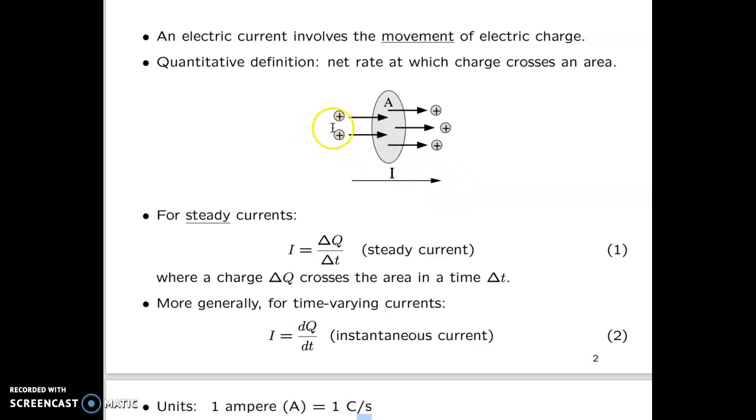If we had negative charge moving to the right, then the convention is that the current actually flows to the left. I know that's kind of a strange thing to deal with, but that is the convention for the direction of a current. If negative charge was flowing to the right, then we say the current is actually moving to the left.